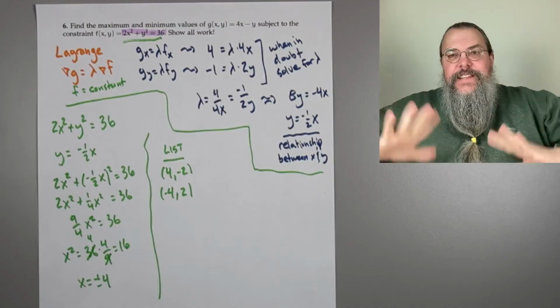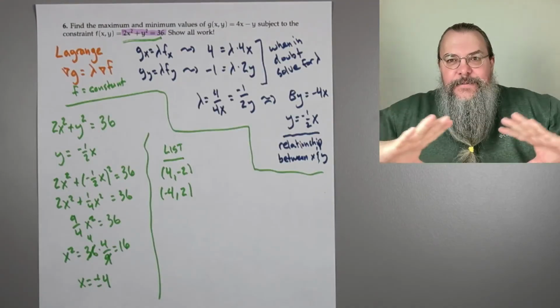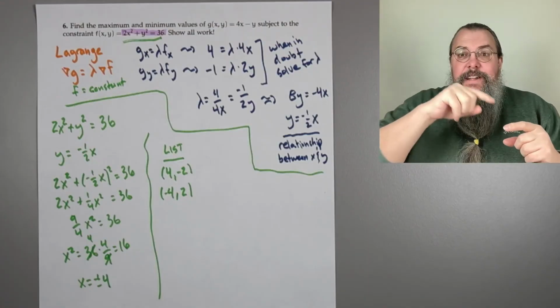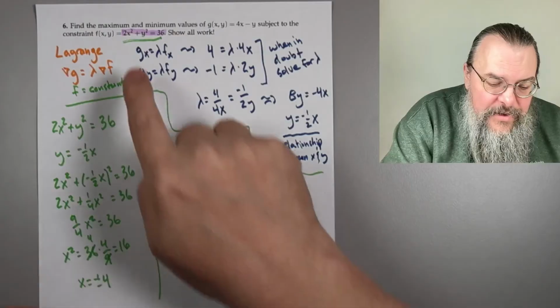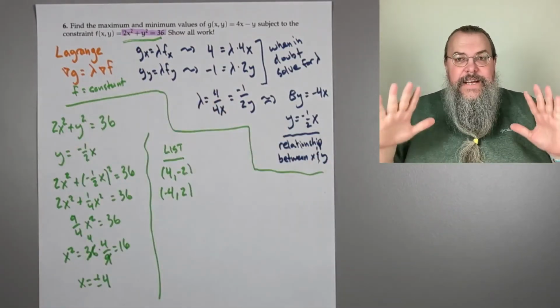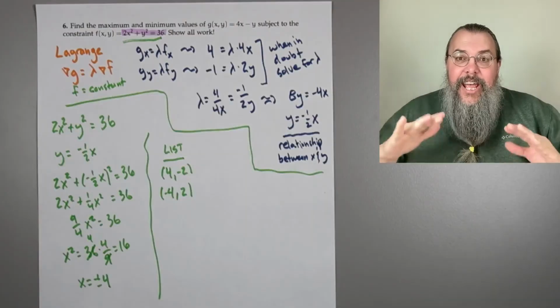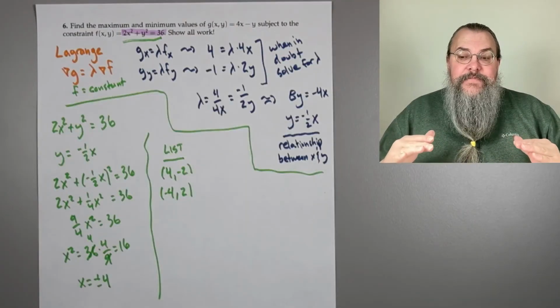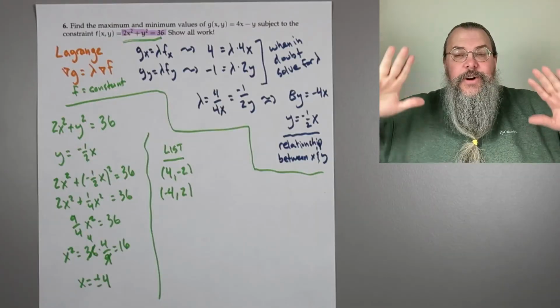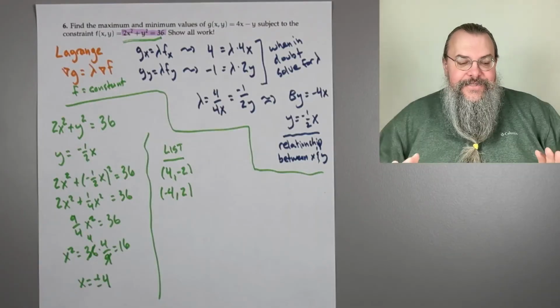The reason that happened is because our constraint was not bounded. Here, it's an ellipse. This curve, 2x squared plus y squared equals 36, is an ellipse. So we know it attains a max and a min. And so just assume that for sure what we're after is on our list.